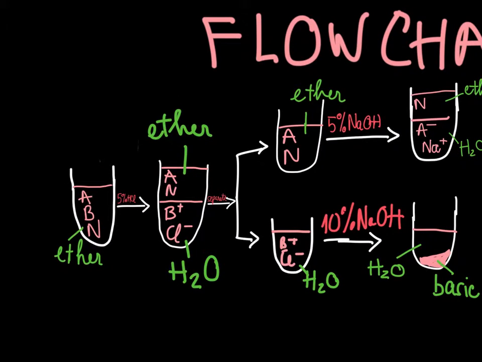Then the base will react with the acid and form an ionic salt, which is soluble in water. Because water and ether are immiscible, now there are two separate layers in the tube: ether layer and water.